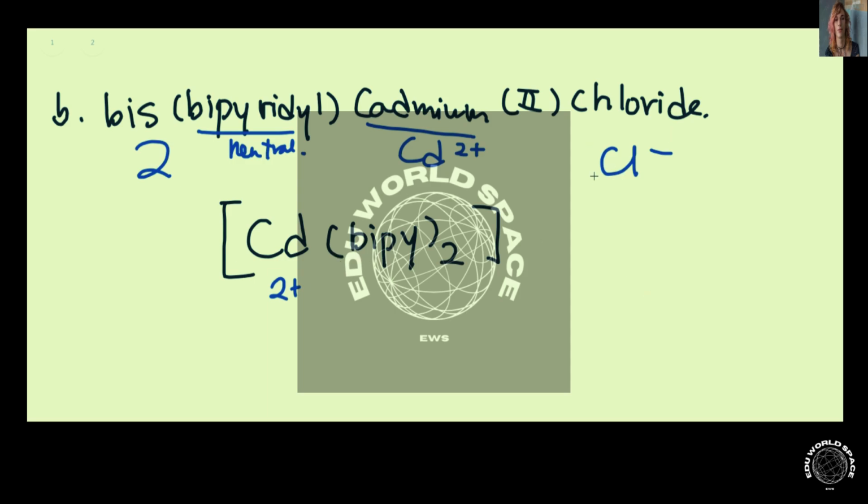So in order to balance with chloride, which is -1, we will need 2 of the chloride. So that is -1 times 2. So the oxidation number of the compound should be 0 or neutral. So there should be 2 chloride ions to balance for the complex.